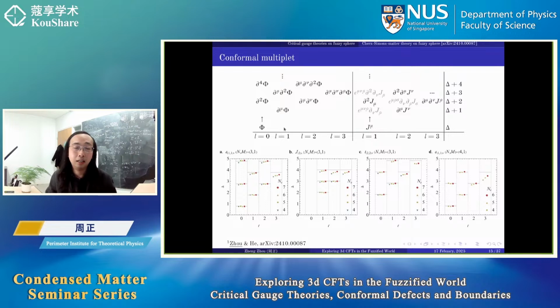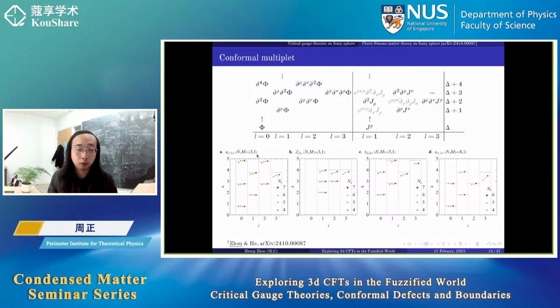And this structure continues on and on infinitely, which forms a tower-like structure. And for spinning primaries, there are also structures that include the antisymmetric epsilon tensor.